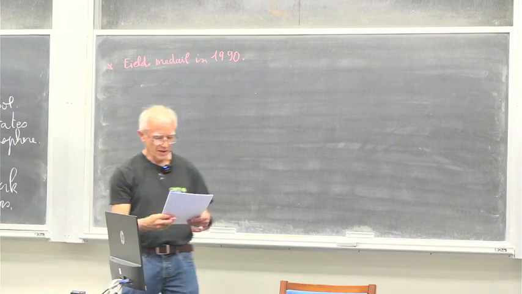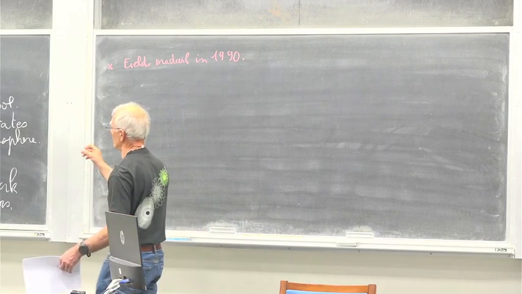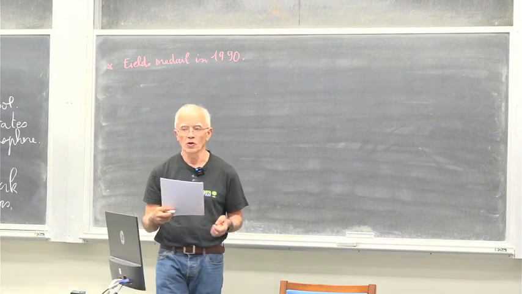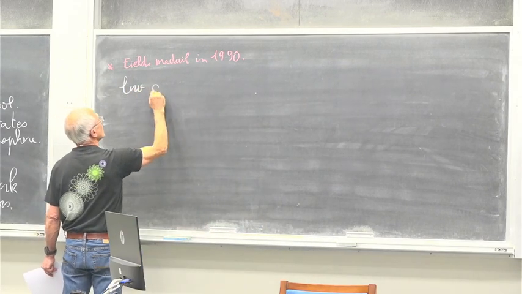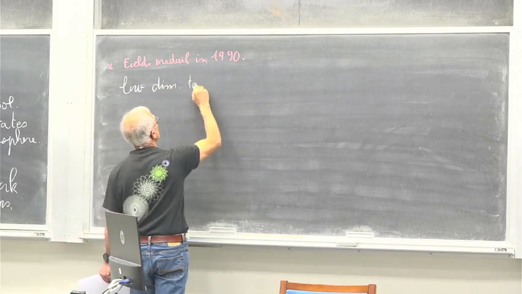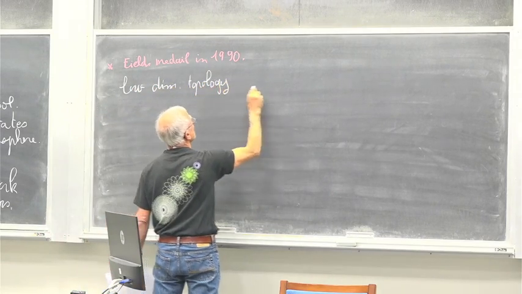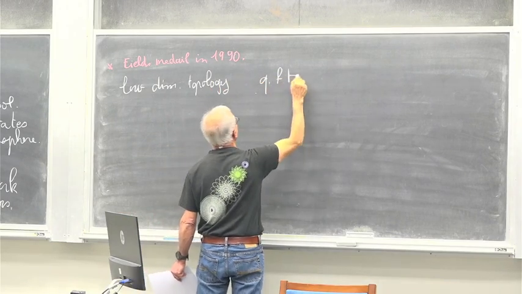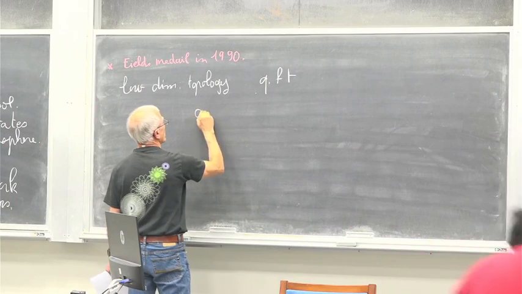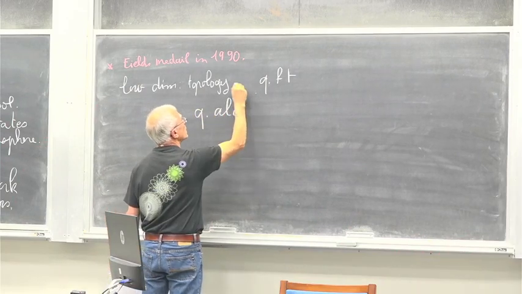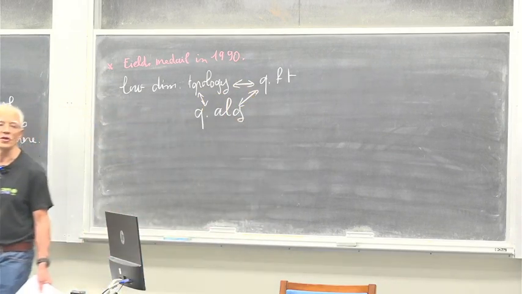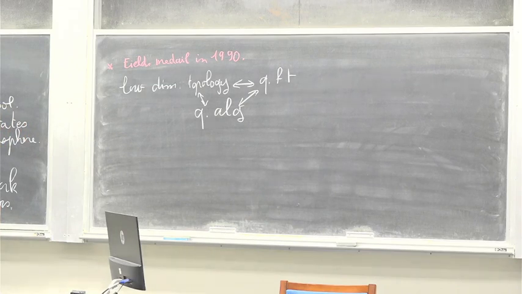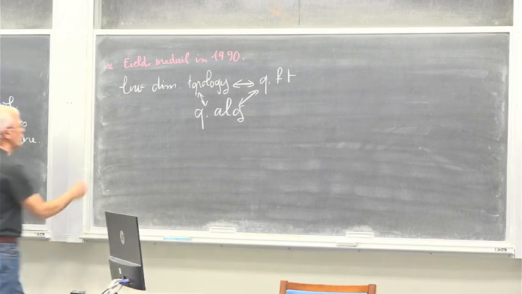Okay? So the main idea from this is that you have a strong connection between low-dimensional topology, quantum field theory and quantum algebra. And you have relations between all those in all directions. It was the starting point of a very active domain, which was called quantum topology.